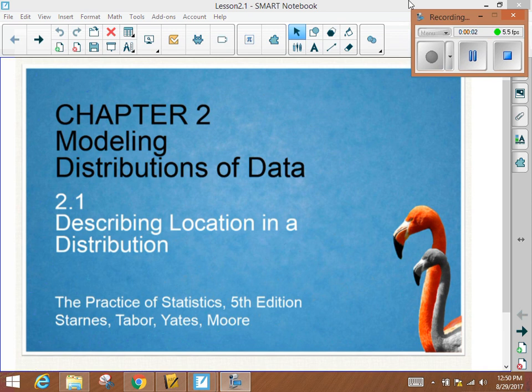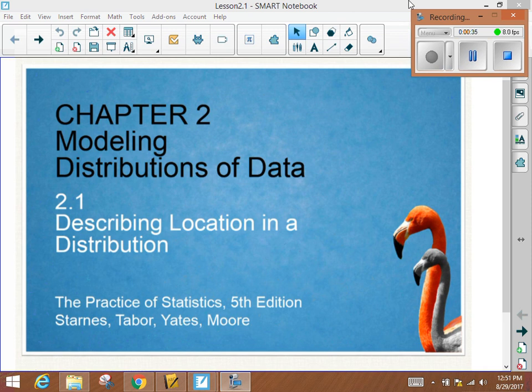Alright, AP Statistics, we're ready to start Chapter 2, Section 2.1, describing location in a distribution. We're going to use two methods to describe that. We're going to talk about a data point's location in a distribution in terms of percentile, and we can look at that graphically by looking at an ogive, or a cumulative relative frequency graph.